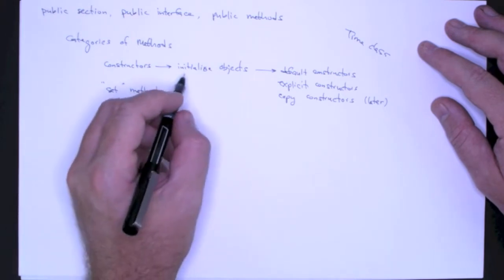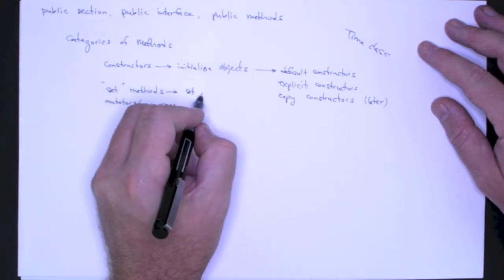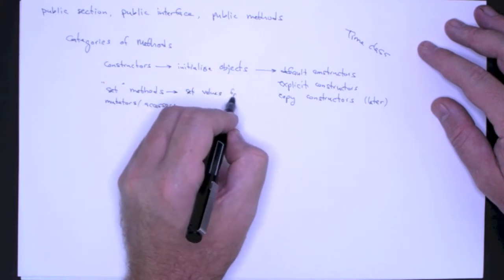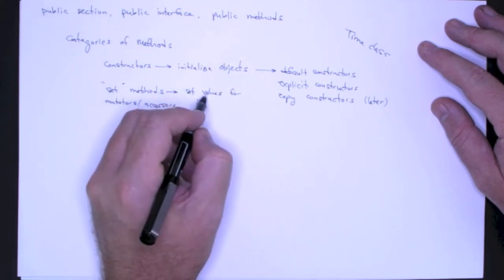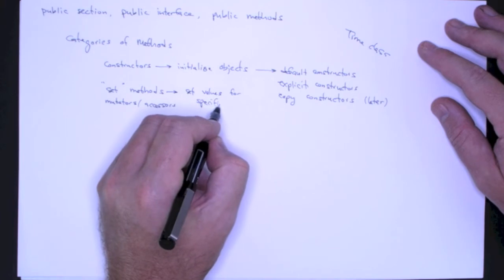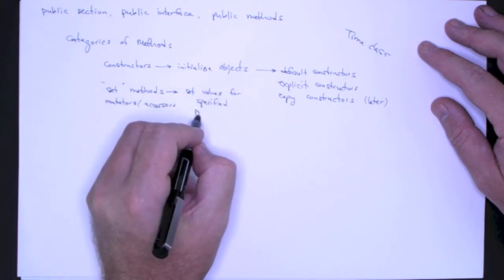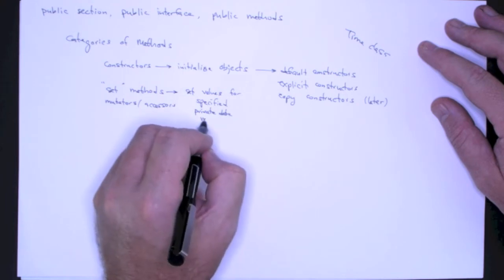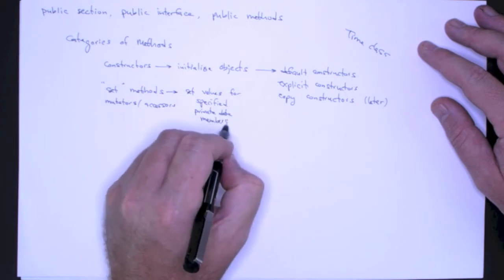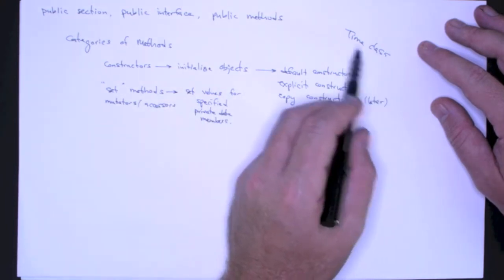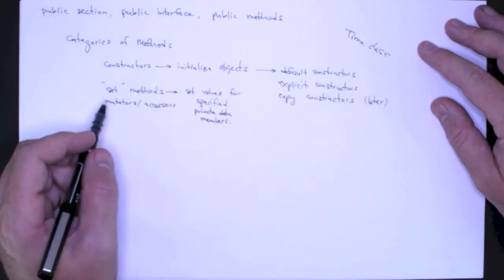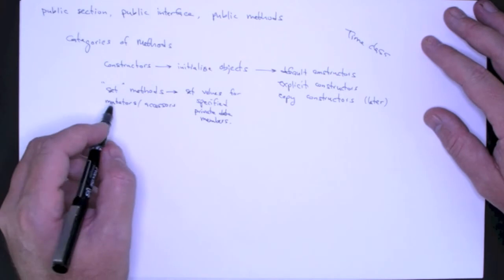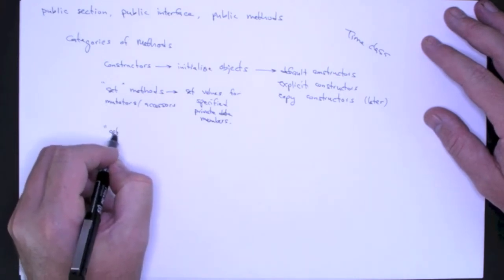And what they do is they set values for specified private data members. So for example, if I wanted to change the hour of a time object, then I would use a set method to do that. There are also get methods.